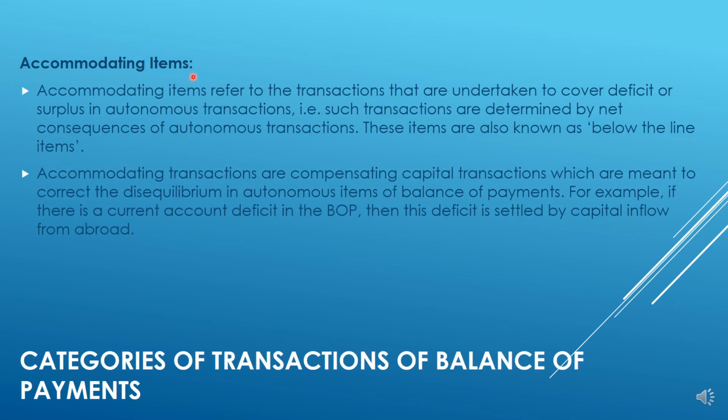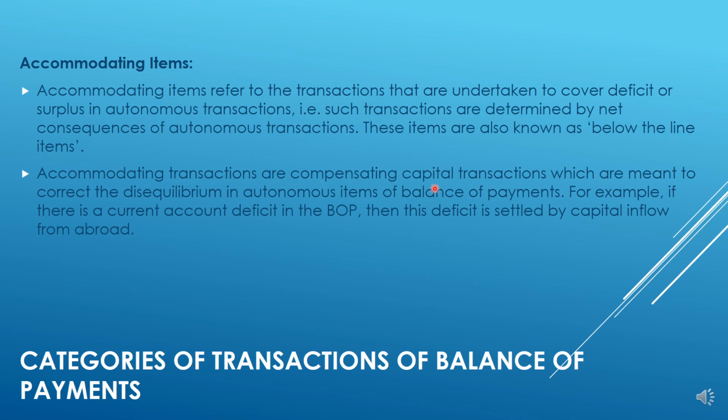Now, what are accommodating items? Accommodating items refer to the transactions that are undertaken to cover deficit or surplus in autonomous transactions. Such transactions are determined by net consequences of autonomous transactions. Now, these items are also known as below the line items.